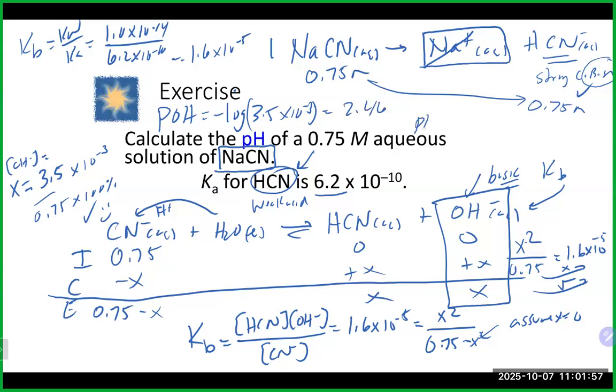And again, our pH would be found by taking 14 minus 2.46. Looks like 11.54, which is definitely a basic pH in this case.